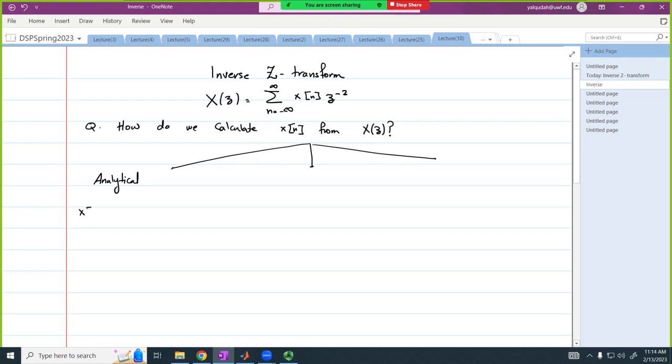And to do that, we have to calculate x of n equal 1 over 2 pi j integration over a closed contour of x of z, z to n minus 1 dz.